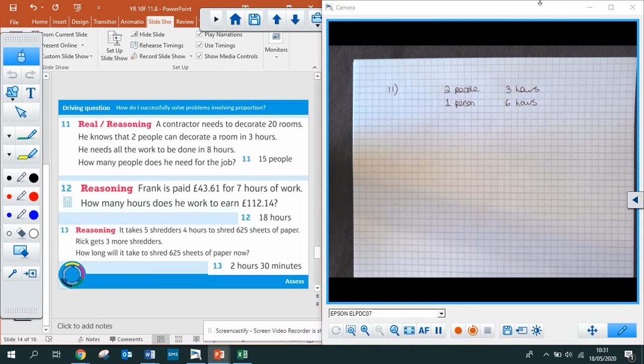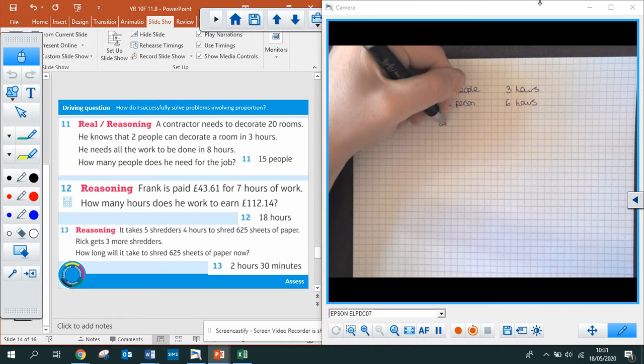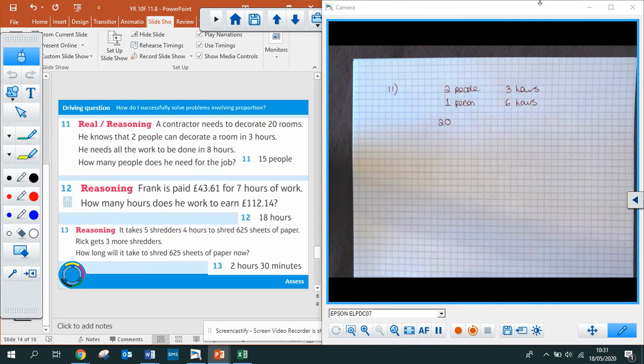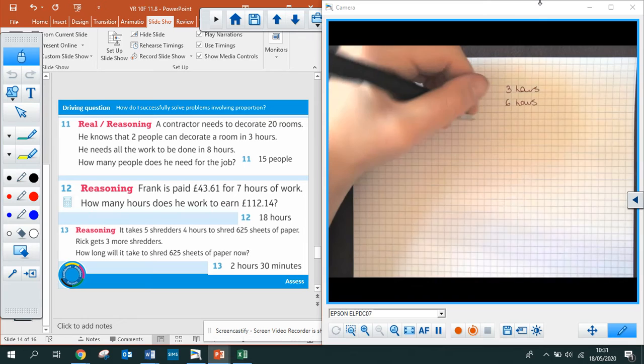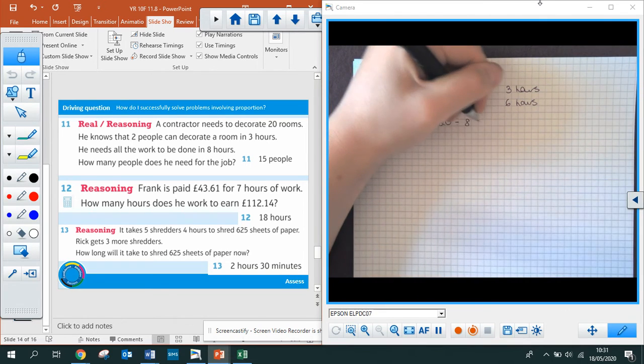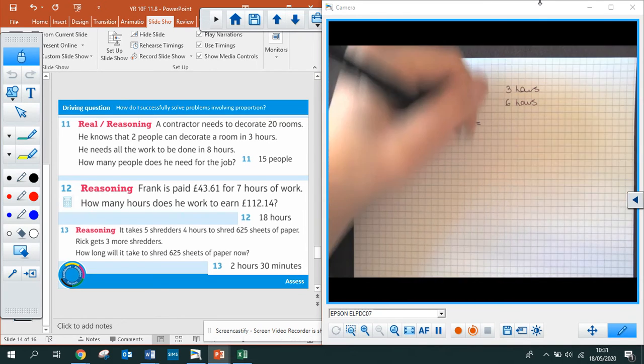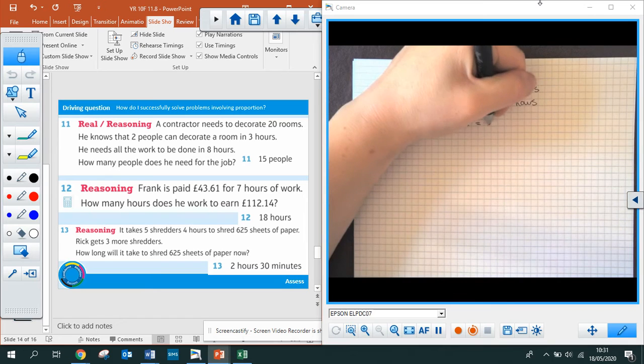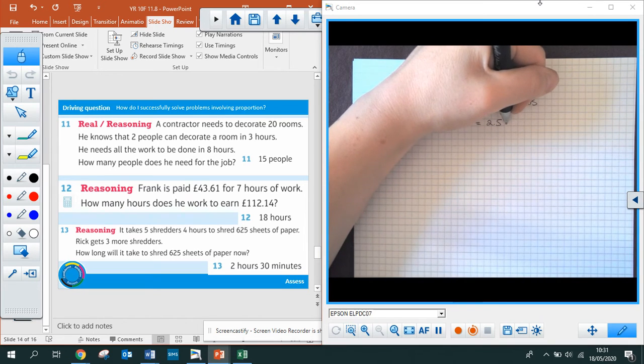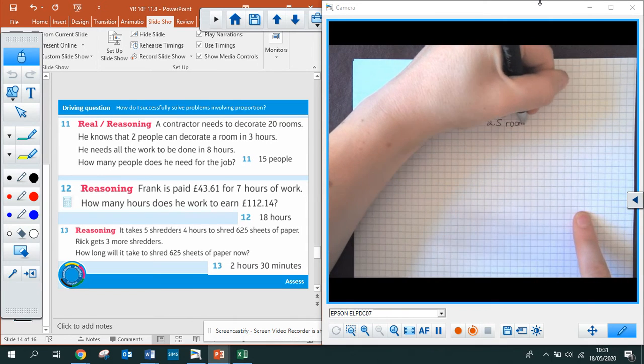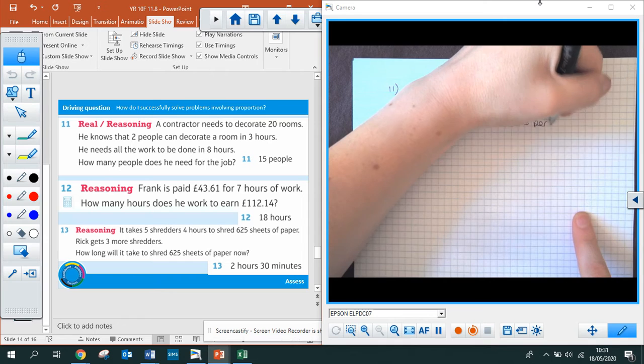He's got 20 rooms that need to be decorated. So what I'm going to do now is get the 20 rooms and divide them by the 8 hours he wants it to take. That's going to give me 2.5. So he needs 2.5 rooms painted per hour for that to work.